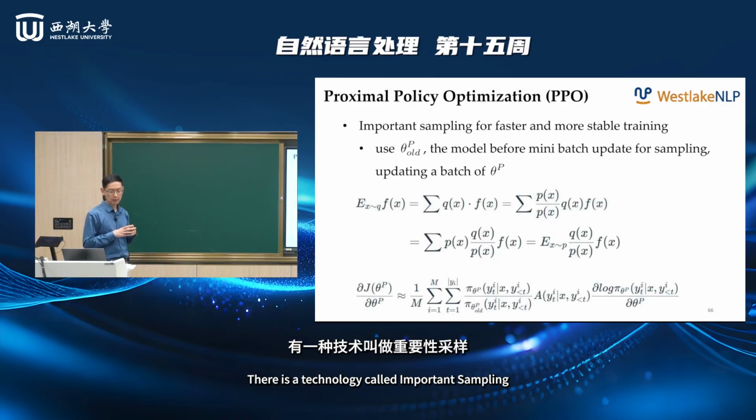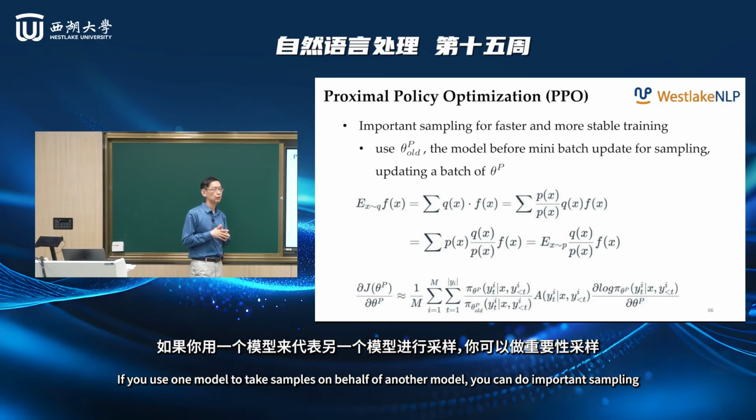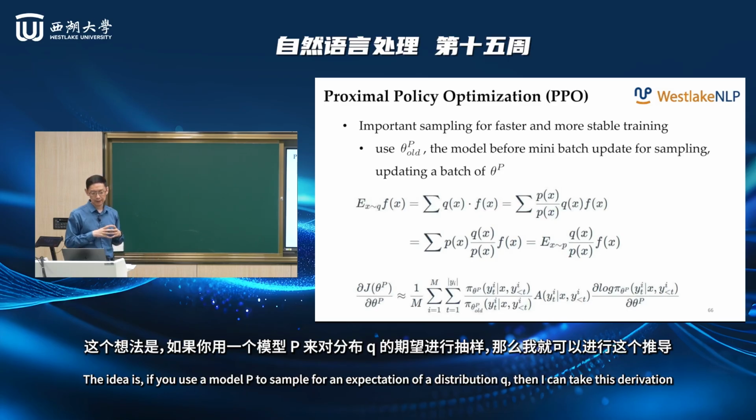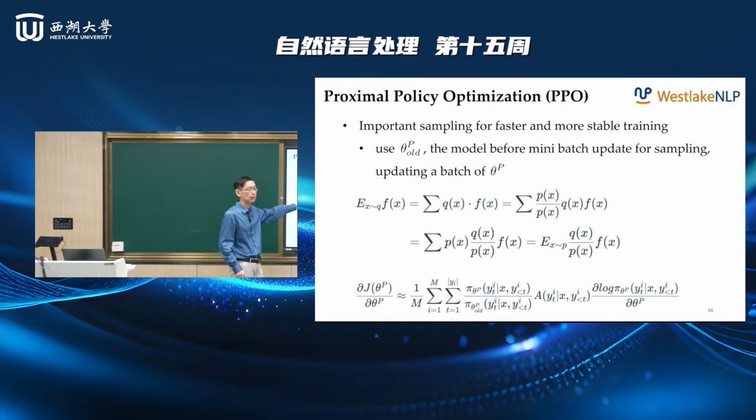There is a technique called importance sampling. If you use one model to take samples on behalf of another model, you can do importance sampling. The idea is, if you use a model P to sample for an expectation of a distribution Q, then I can take this derivation.